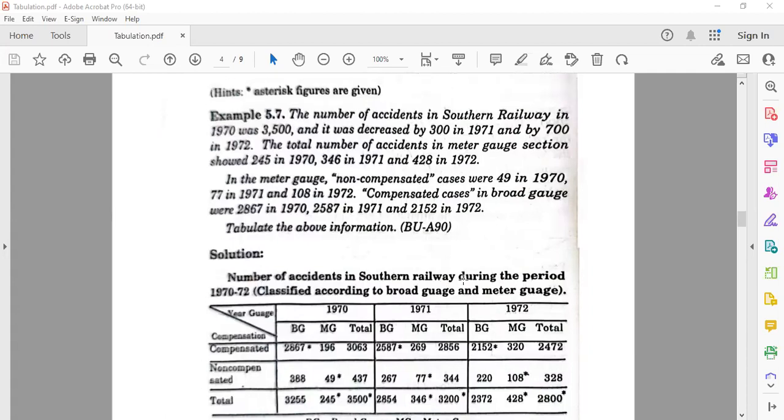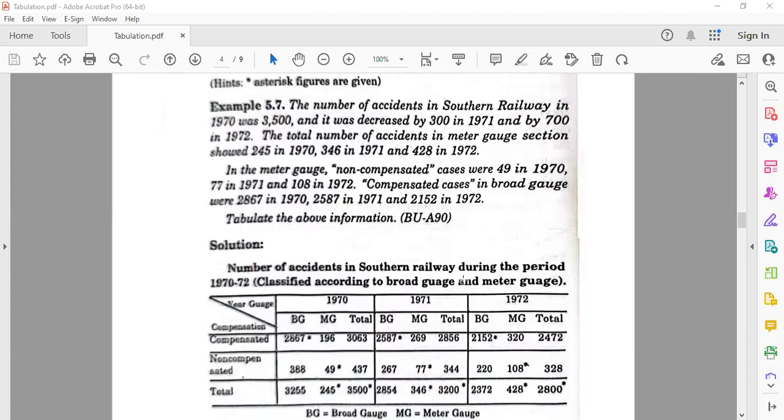Then we take one more problem. This is pertaining to example 5.7. The number of accidents in Southern Railway in 1970 was 3,500. It decreased by 300 in 1971 and by 700 in 1972. The total number of accidents in the meter gauge section showed 245 in 1970, 346 in 1971, 428 in 1972.